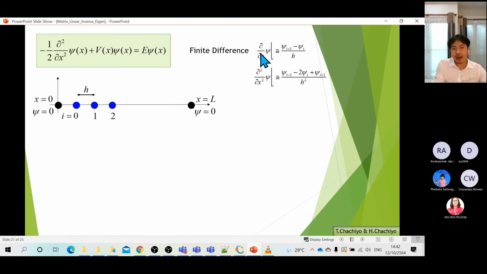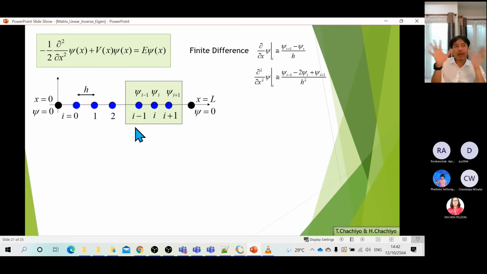Okay, we want to find the psi value for these blue dots here, and the spacing is h. Now we label the dots 0, 1, 2, 3, 4, and so on. Okay, now let's look at some dot in the middle, in between. Let's call that dot i, and the one on the left i minus 1, and the one on the right is i plus 1. So let's look at 3 dots here.